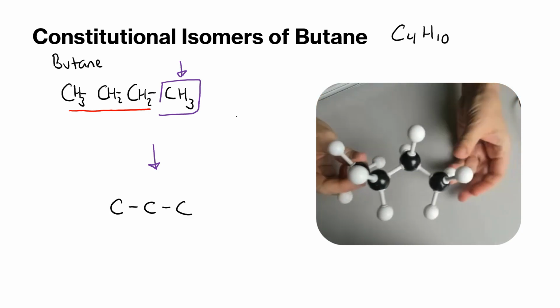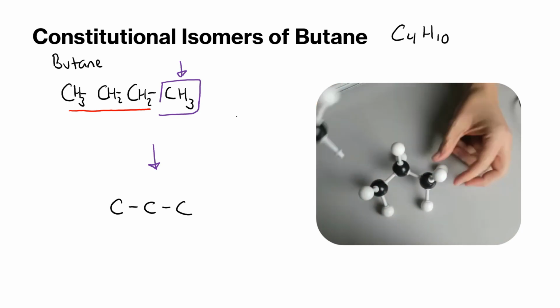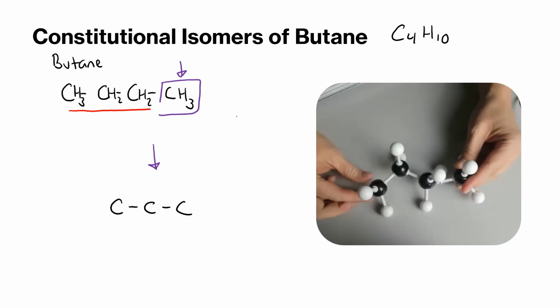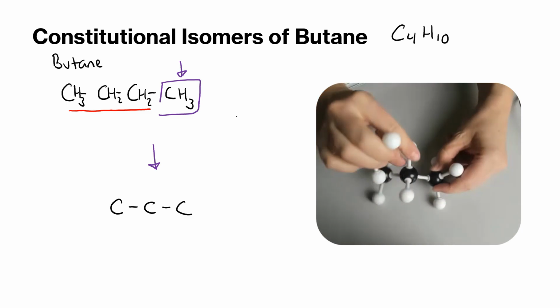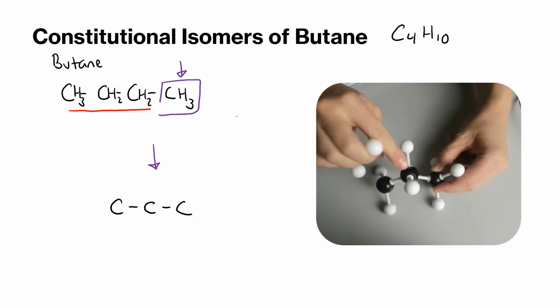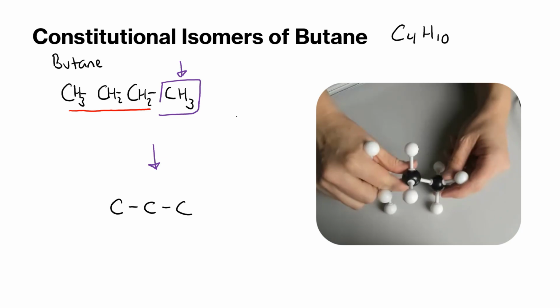So with our butane, if I take off that terminal carbon and just move it to the other end, that just reforms butane, which is why we need to go interior. Now, when we are making constitutional isomers of our alkanes, we are creating substituents.